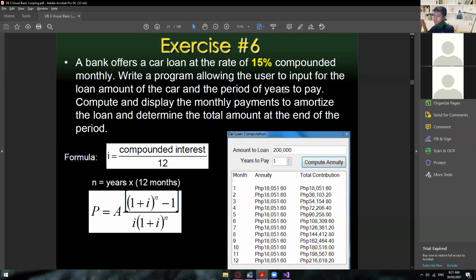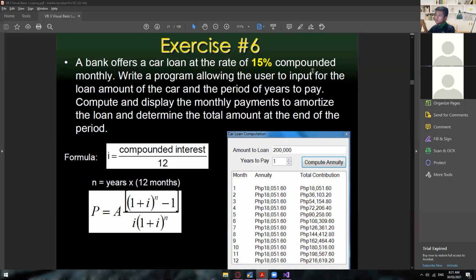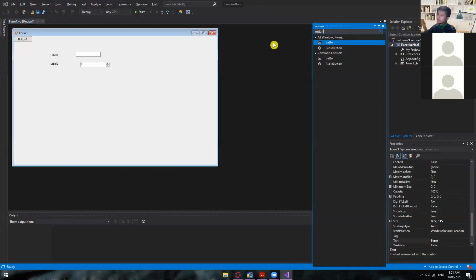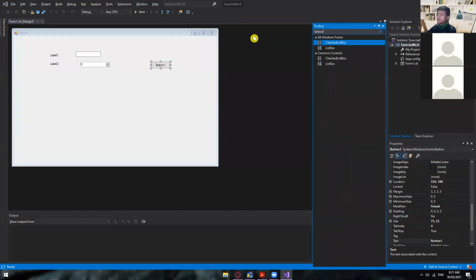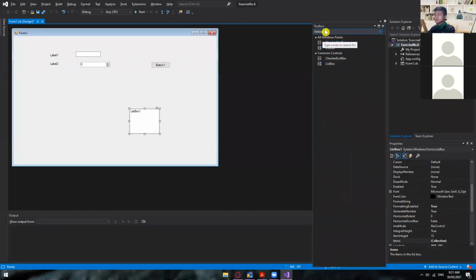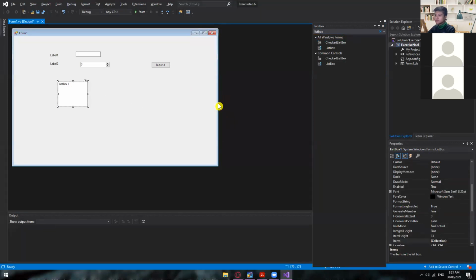What else? Numeric up down. And a button. Box. And what else? So that's it.